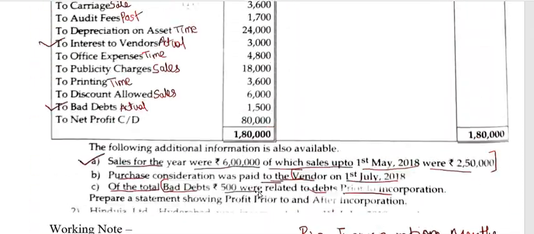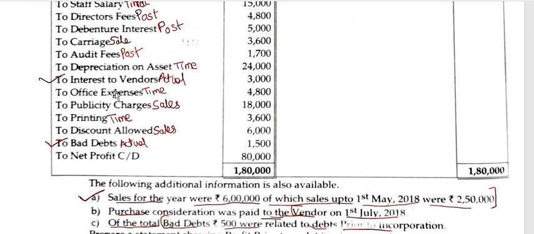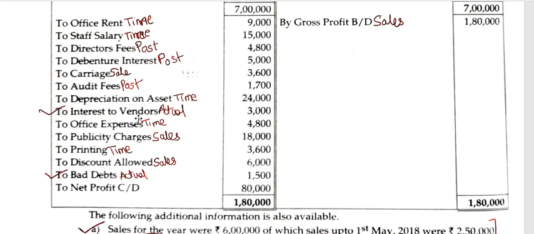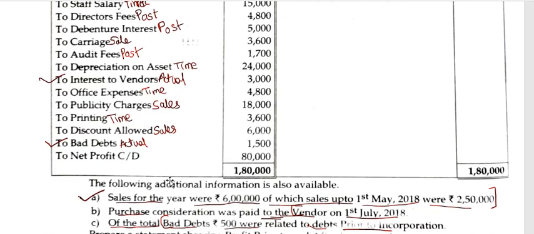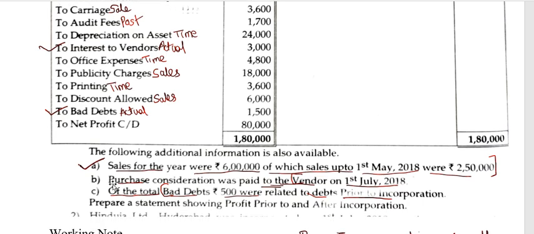After depreciation on assets, next entry is of interest to vendor, and we have adjustment on interest to vendor. So let's see what is the adjustment on interest to vendor. Adjustment number B, purchase consideration was paid to vendor on 1st July 2018.